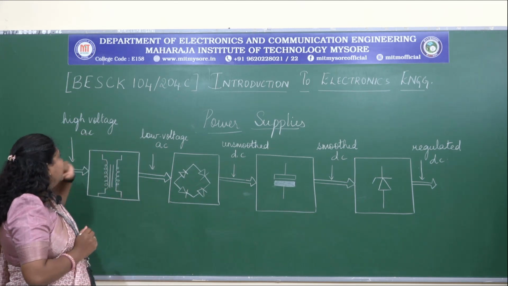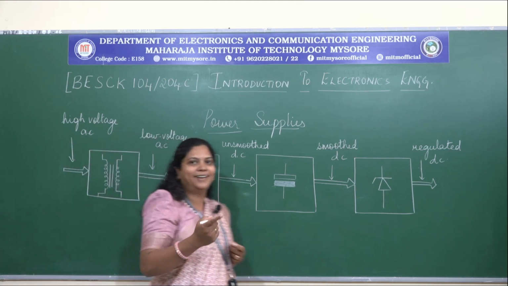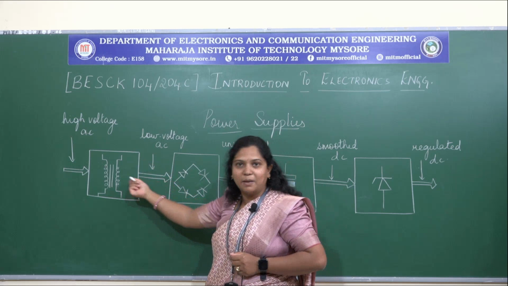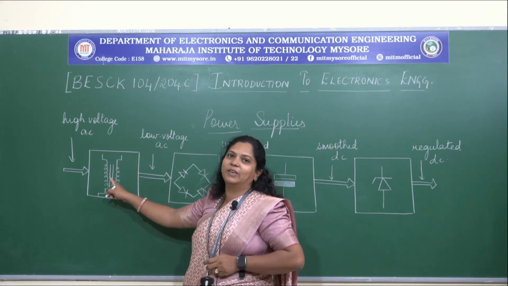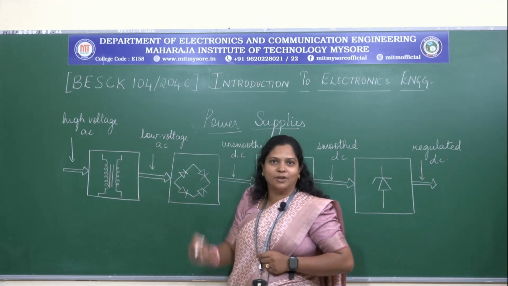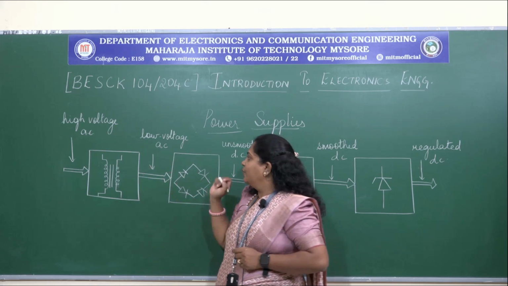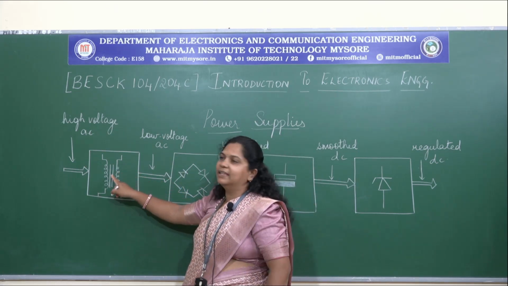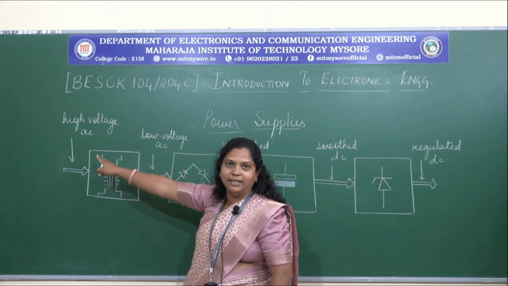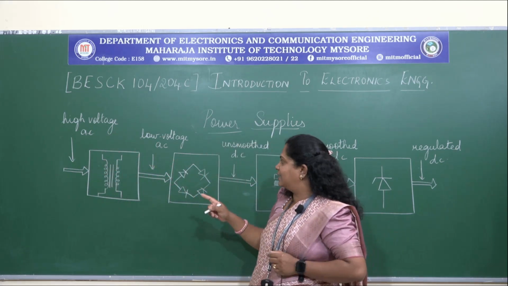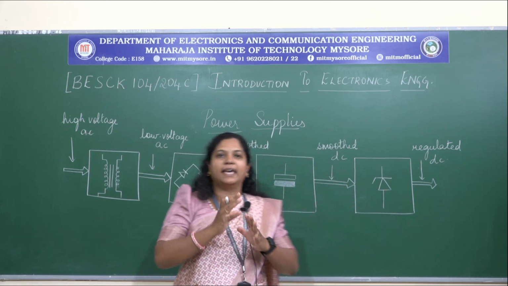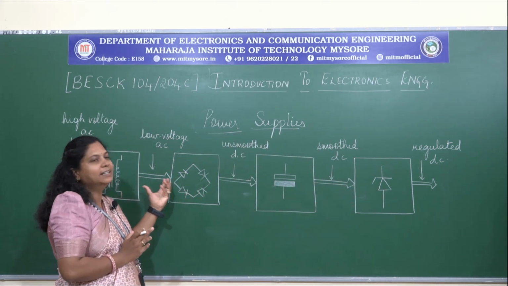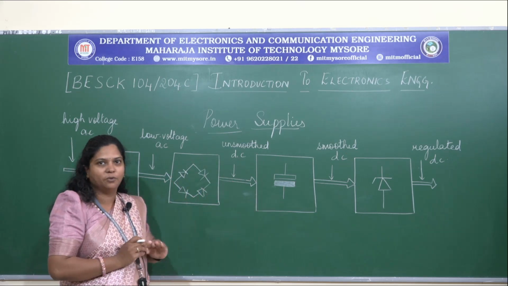Now let us see the block diagram with its principal components. So here, in order to convert the high voltage AC to a low voltage AC, we know that with fewer turns in the secondary, we have to make use of the step down transformer. Similarly, once the low voltage AC is available, we have to convert that into a suitable DC voltage.